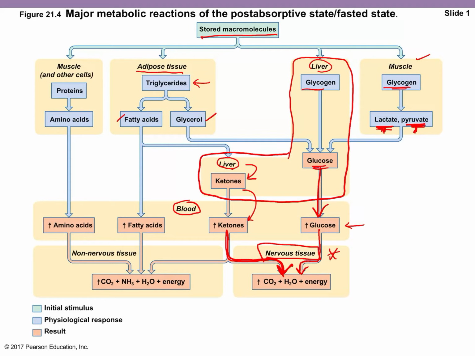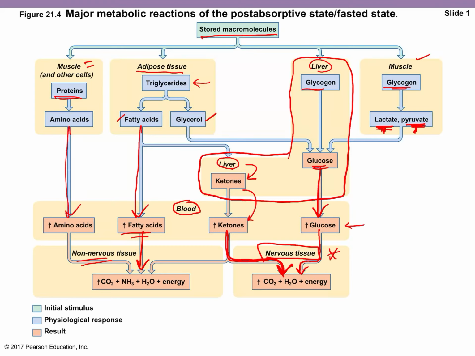The fatty acids here that adipose makes will just go right into the bloodstream to increase the fatty acid content. And then any other non-nervous tissue in the body can use the fatty acids. Muscle, right? So muscle primarily is your protein stores. The protein can be broken down to amino acids.